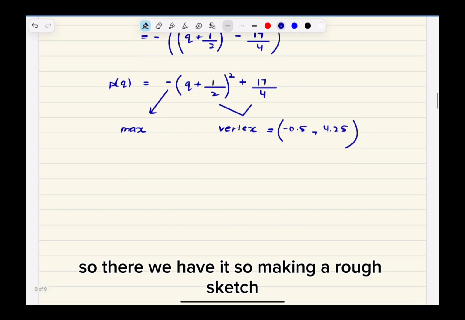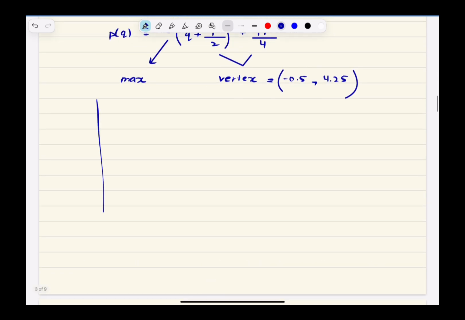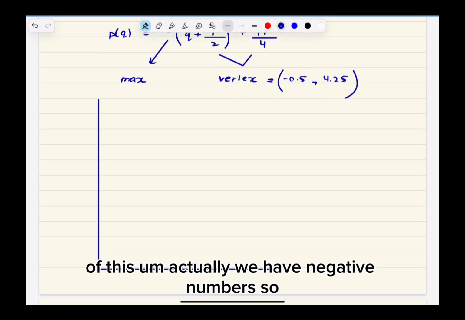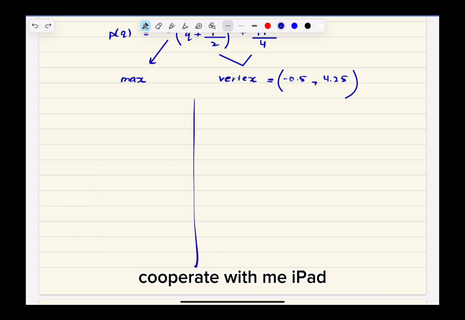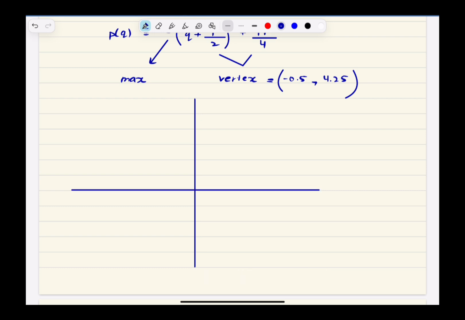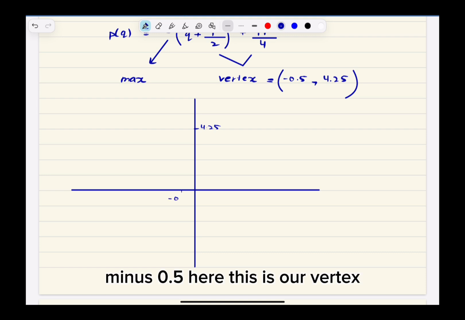So making a rough sketch of this, actually we have negative numbers, so cooperate with me, iPad. Okay, so we have 4.25 here, minus 0.5 here.